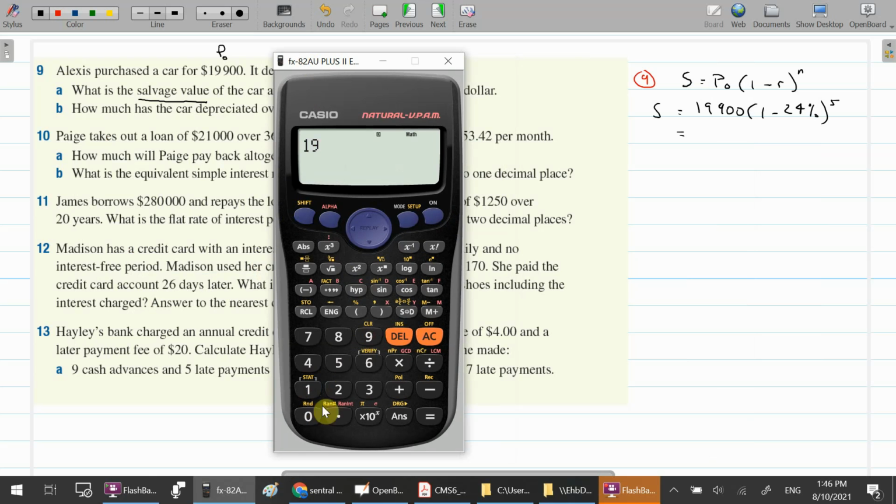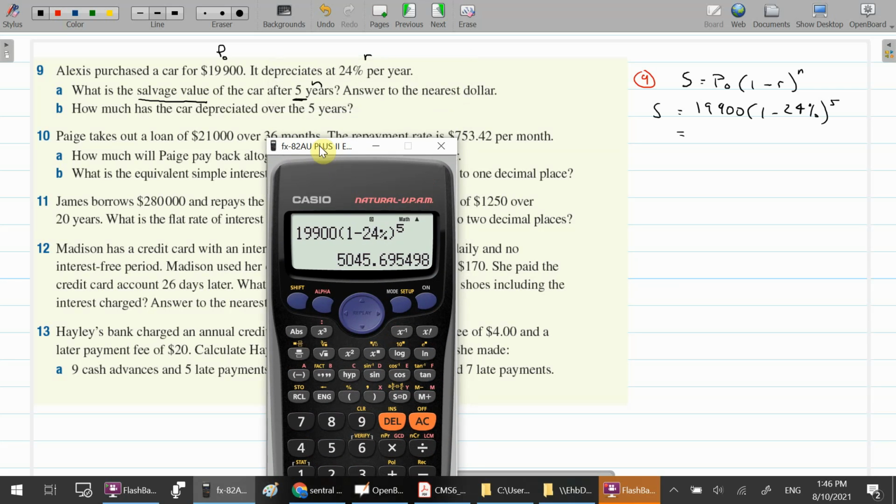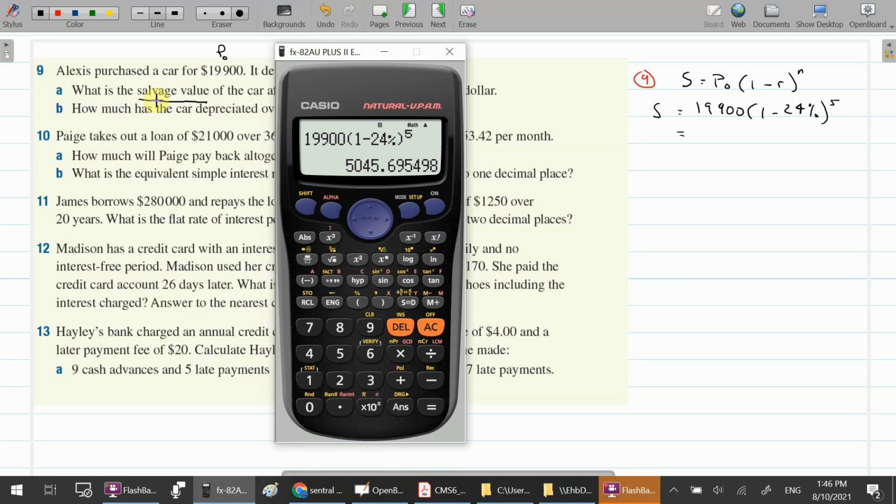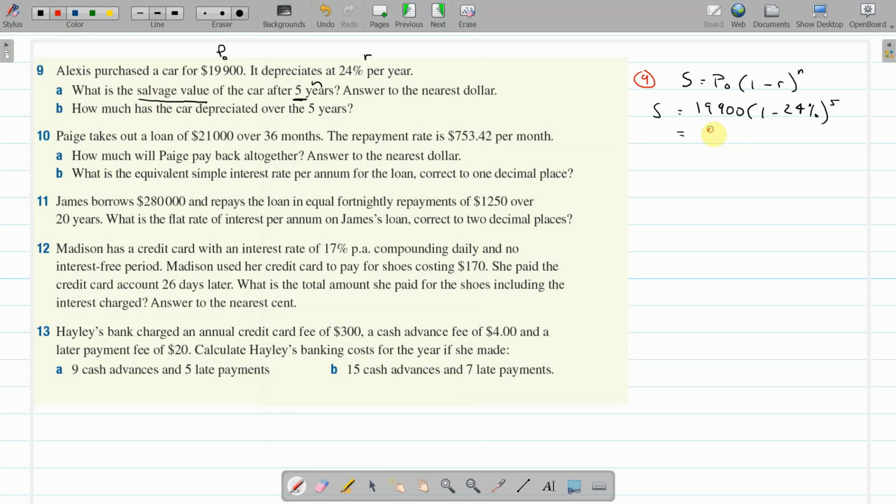So 19,900, 1 minus the 24%, because you want to reduce things, not increase when we're depreciating, to the power of 5. $5045 to the nearest dollar, 5046. That's the nearest dollar, so that's what the salvage value is after 5 years, having bought it for 19,900.